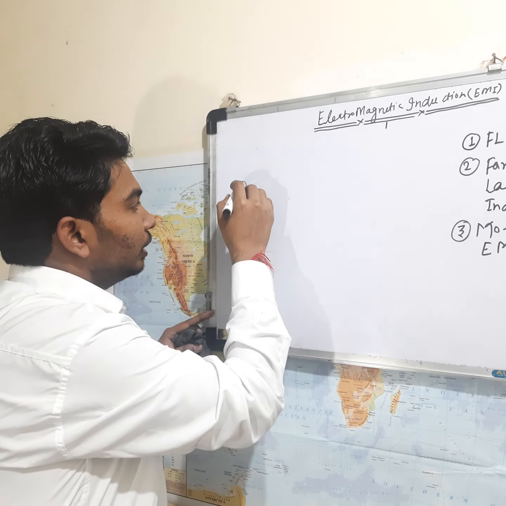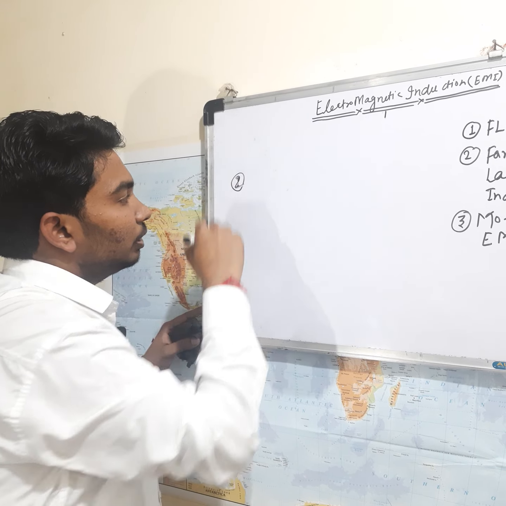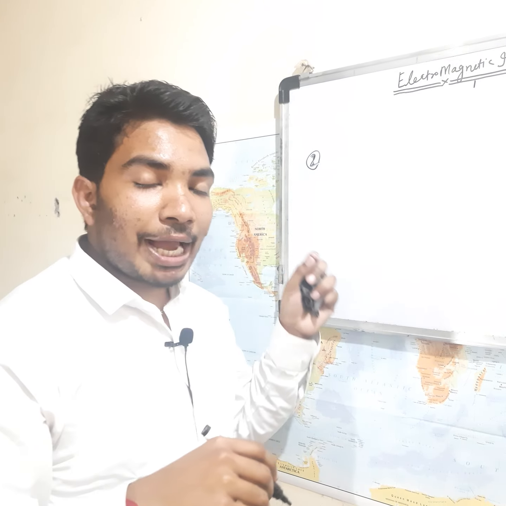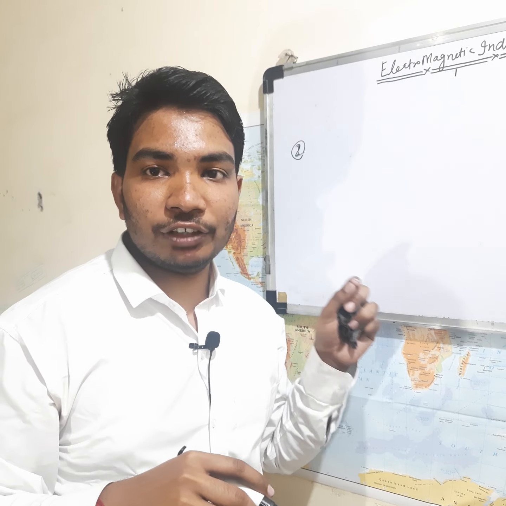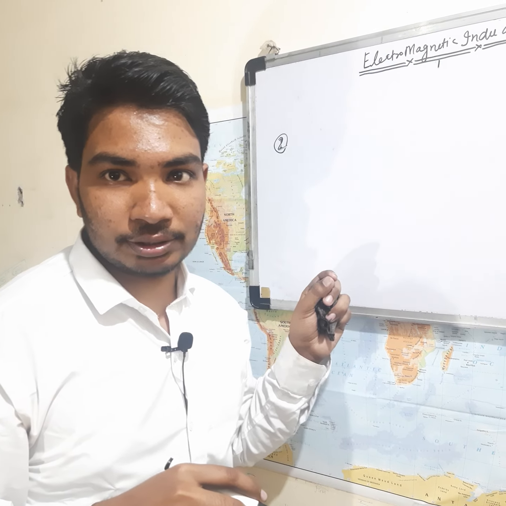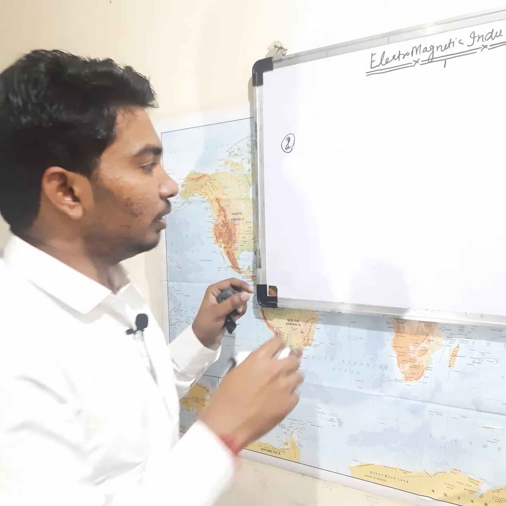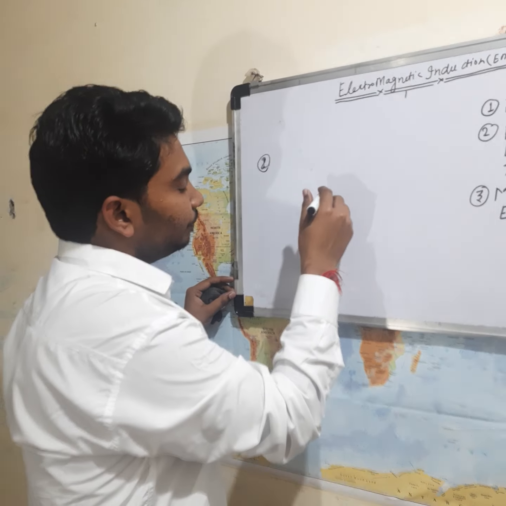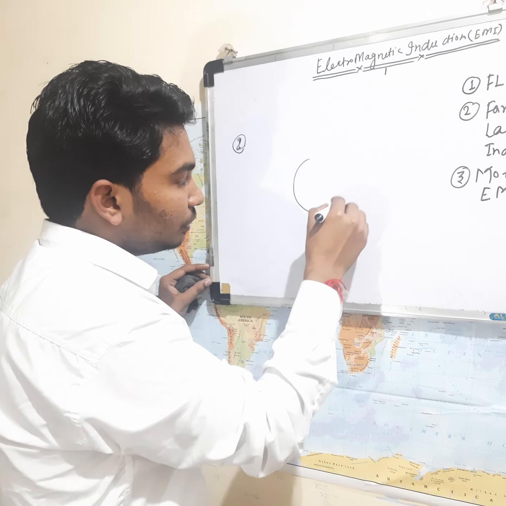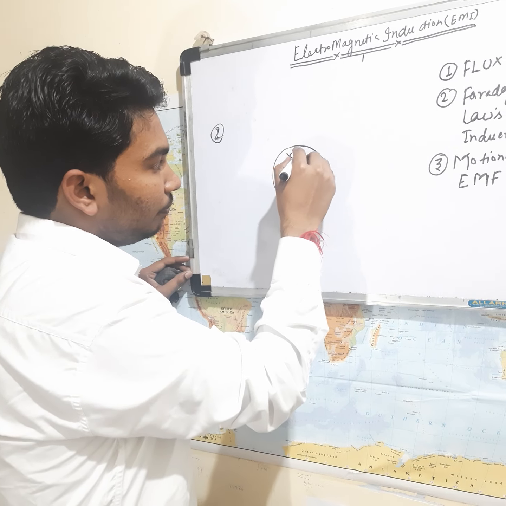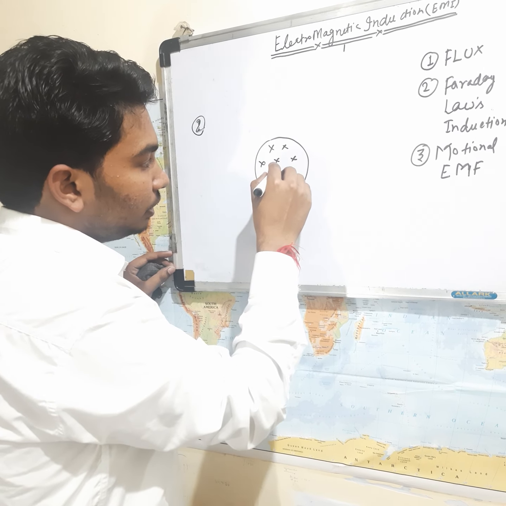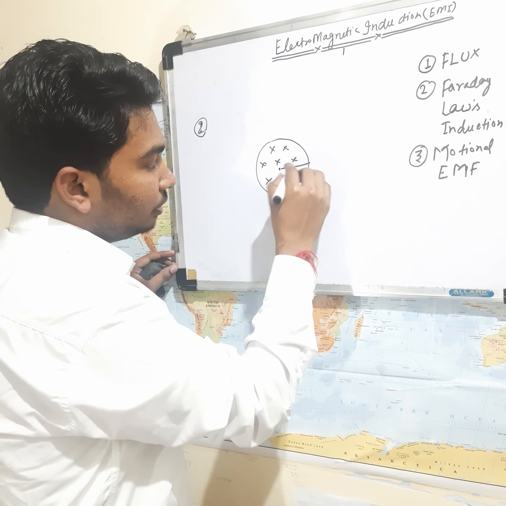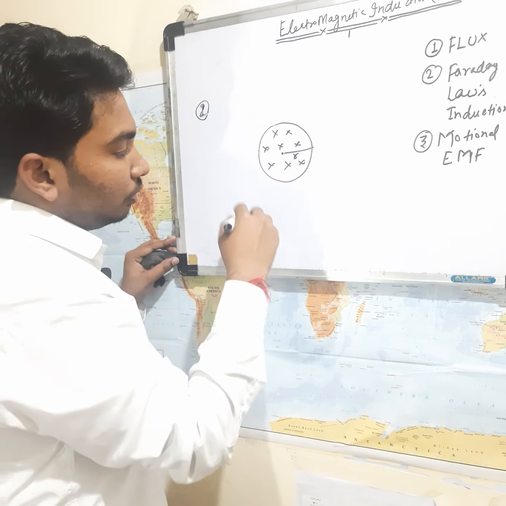The second law of induction says that the magnitude of the induced EMF is equal to the rate of change of flux in that region. Let's say this is the region where the magnetic field is changing, with a center and radius r.